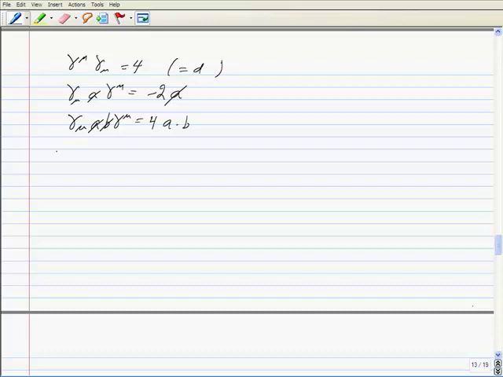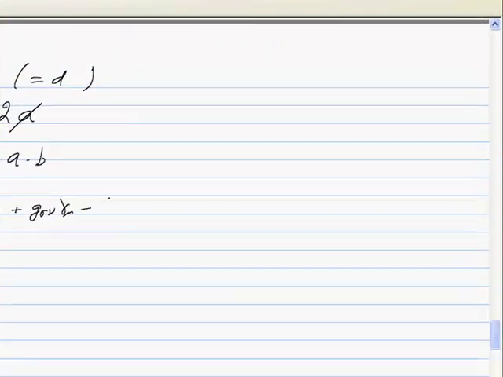And one that I've used a lot in my career, gamma mu gamma sigma gamma nu, is g mu sigma gamma nu plus g sigma nu gamma mu minus g mu nu gamma sigma minus i epsilon mu nu alpha beta gamma 5.